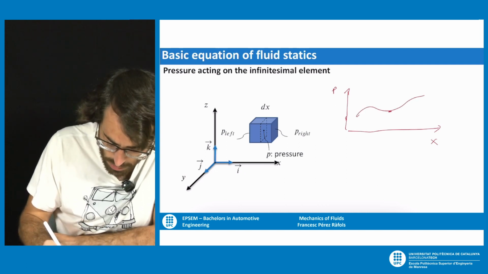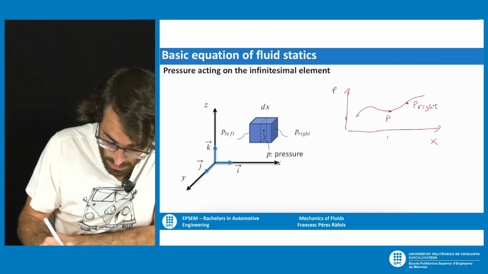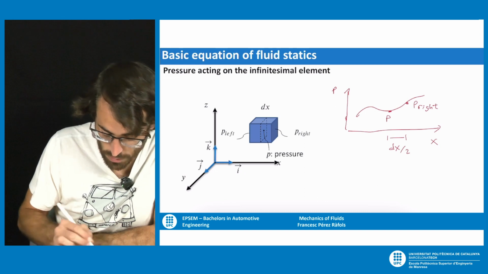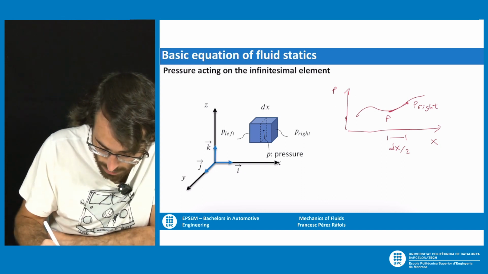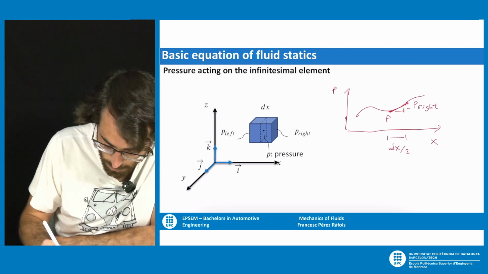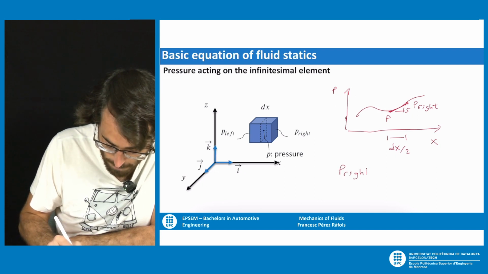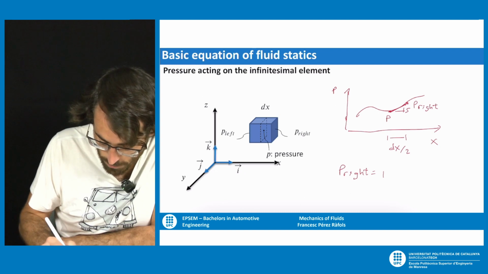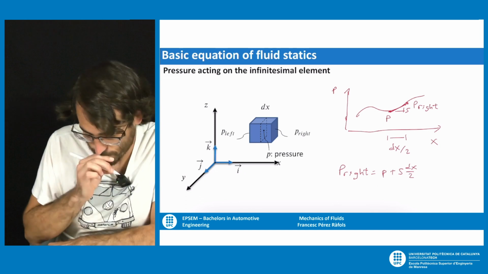This is our central point with pressure P, this is our right point with pressure P right, and this distance will be dx over 2, because it's half of the element. A first way to approximate is just to have a straight line here, and therefore if it has a slope s, we would simply have that P right is equal to P plus s times dx over 2.